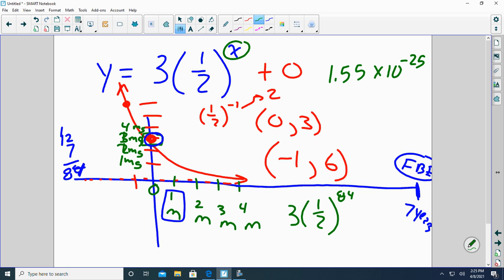Which means 1, 2, 3, 4, 5, 7, 8, 9, 10, 11, 12, 13, 14, 15, 16, 17, 18, 19, 20, 21, 22, 23, 24, 25, 26. So this is how much of the substance is in your system.